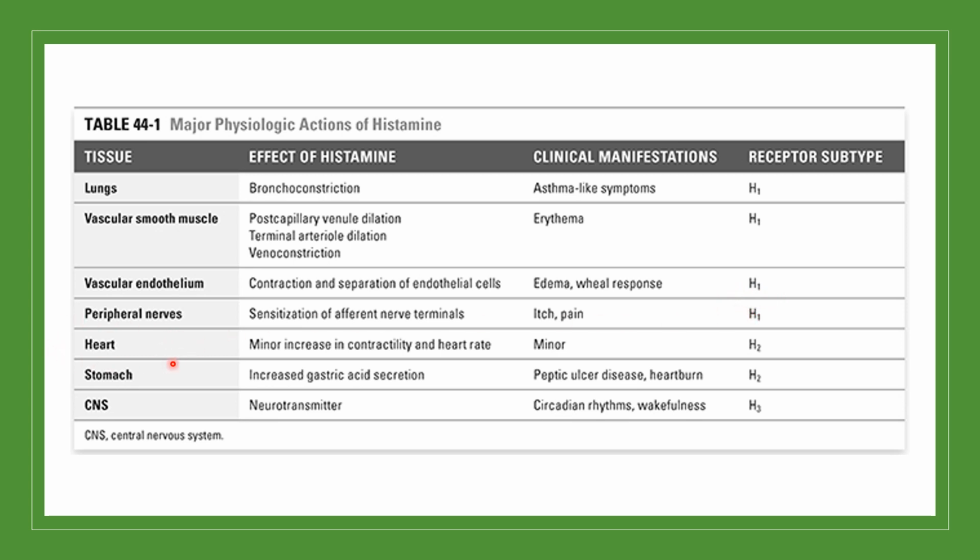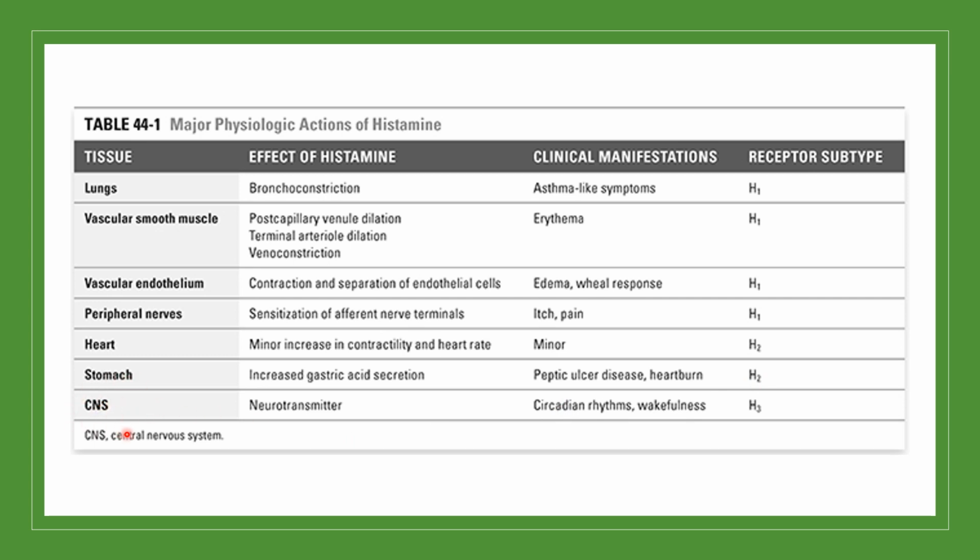In the heart, it causes a minor increase in the contractility as well as in the heart rate, and it is mediated via the H2 receptor. In the stomach, there is an increased gastric acid secretion that is clinically manifested in peptic ulcer disease and heartburn, and this is mediated also via the H2 receptors.